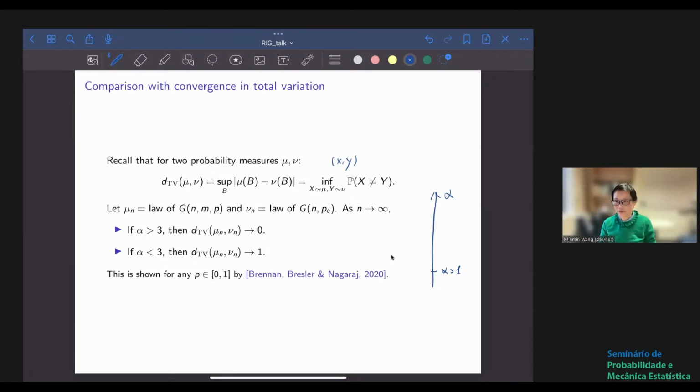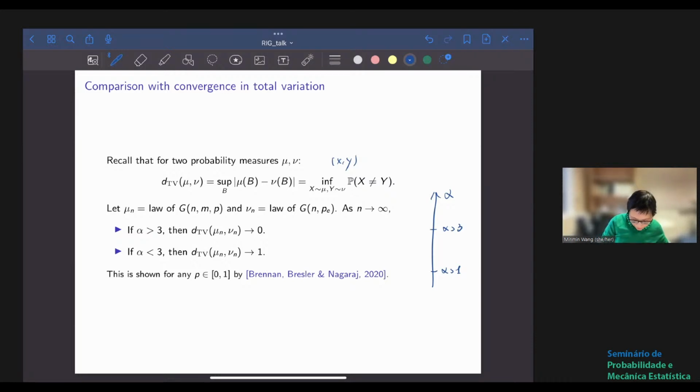But if you really stand next to the pictures and want to compare detail by detail, then you need alpha greater than 3 to say they are identical. That's the intuition here.